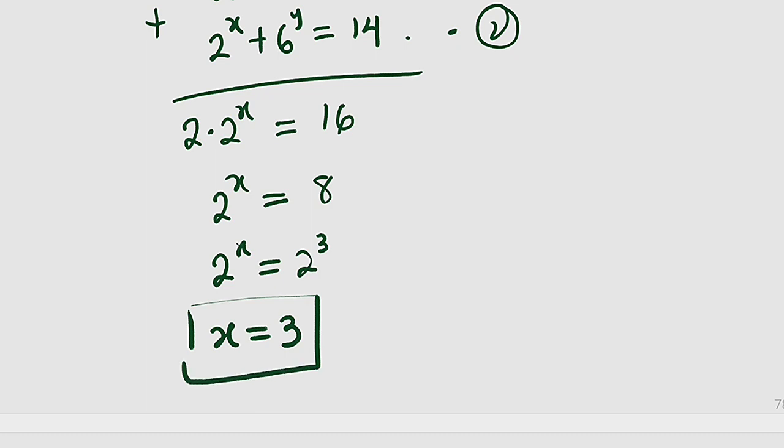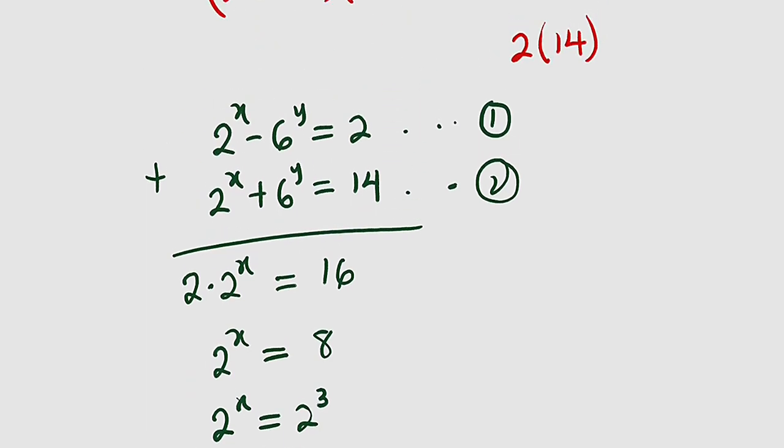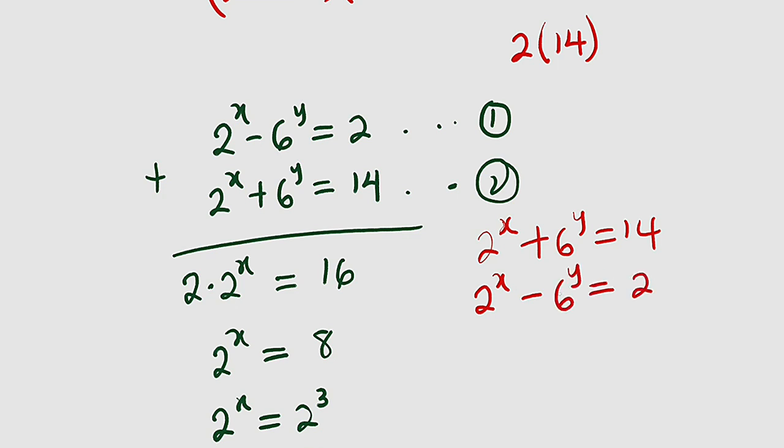So how can we find the value of y? We can subtract equation 1 from equation 2. We have 2 to the power of x plus 6 to the power of y equal to 14, and the first equation is 2 to the power of x minus 6 to the power of y equal to 2. This time we are going to subtract. From left to right, this minus this gives us 0.